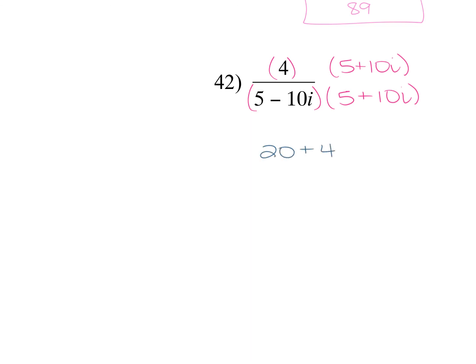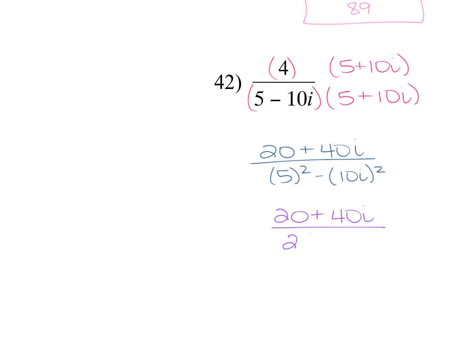We'll have 20 plus 40i. On the bottom, if we use that a squared minus b squared, we're going to do 5 squared minus 10i squared. So that's going to give us 20 plus 40i all over 25 minus 100i squared.